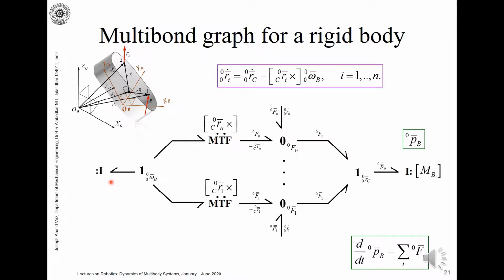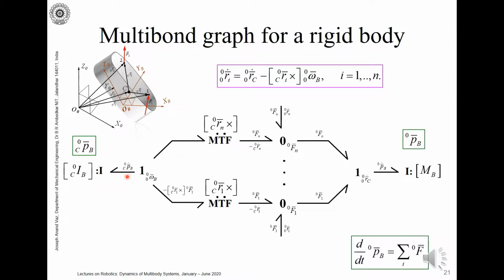For the rotational side, we assign the rotary inertia of the body, which is given by the inertia tensor of the body about its center of mass expressed in the frame 0. And here the state associated with it is the angular momentum of the body with respect to the center of mass expressed in the frame 0.